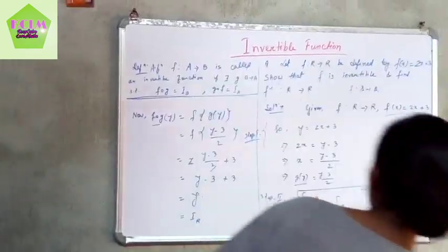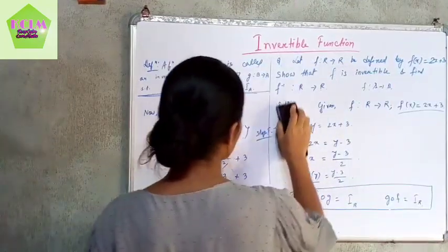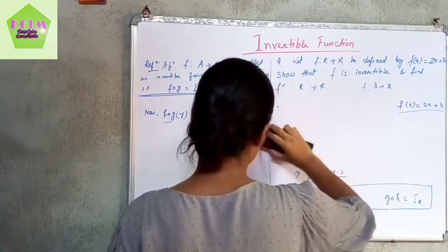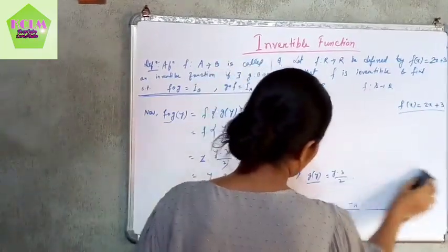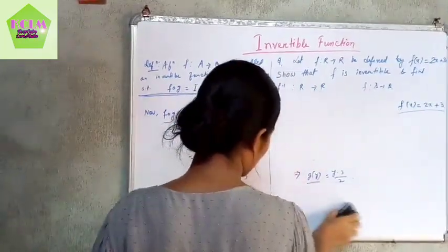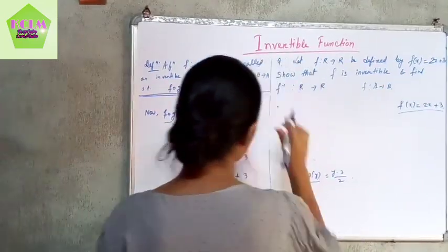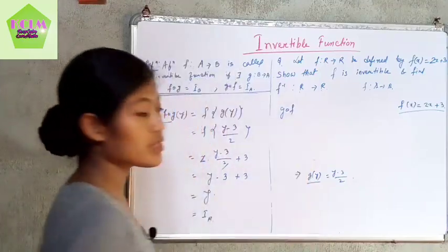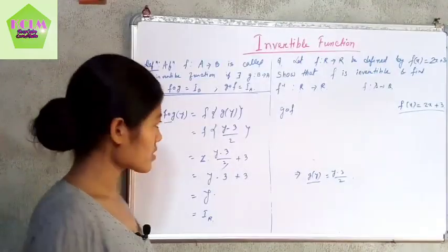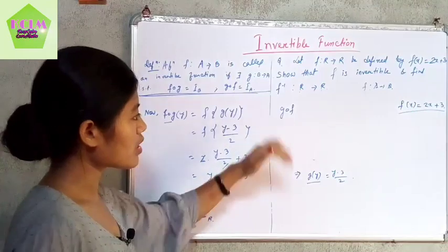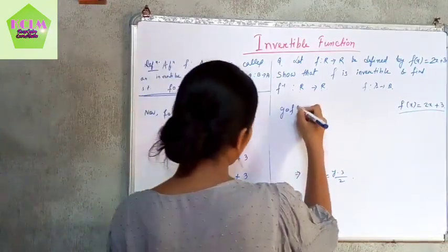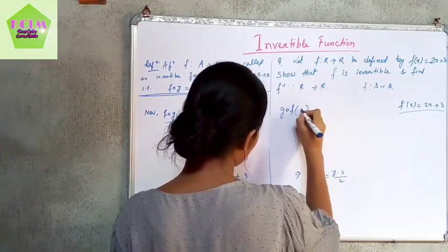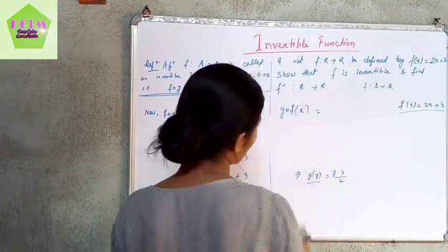So I am showing it here. z o f is a composite function of the functions f and z from R to R, and we take an element x in the domain of z o f.